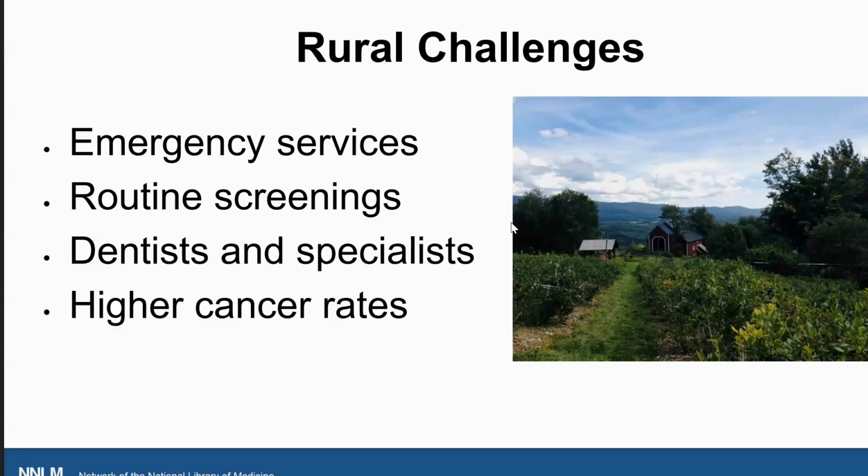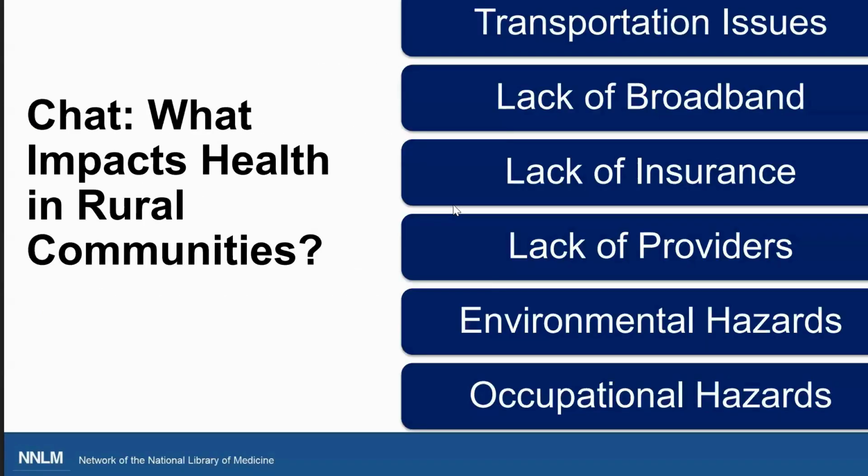Yeah. So I think the list that you all came up with are the ones that we have also seen and that also come up often in studies of what impacts health in rural communities specifically.